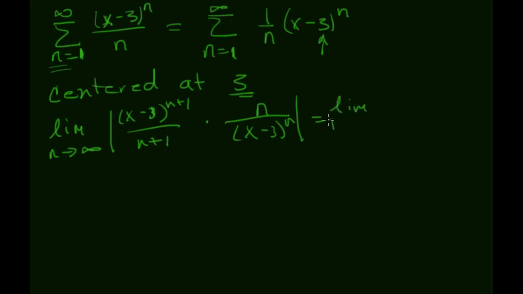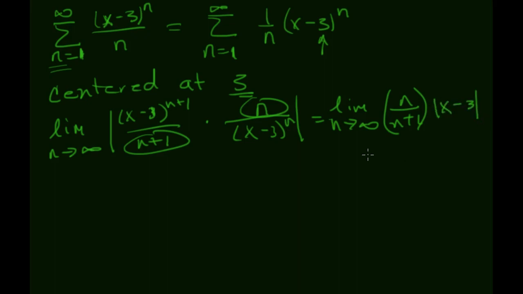We can take this n and this n plus 1 and put those together. And then (x minus 3) to the n plus 1 divided by (x minus 3) to the n is just x minus 3. If I take the limit as n goes to infinity, there's no n in here except in this ratio, and that's just going to give me 1. So this thing is just the absolute value of x minus 3.